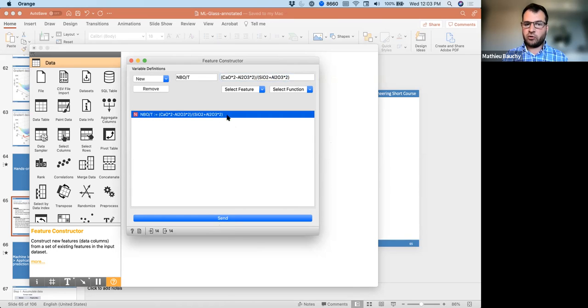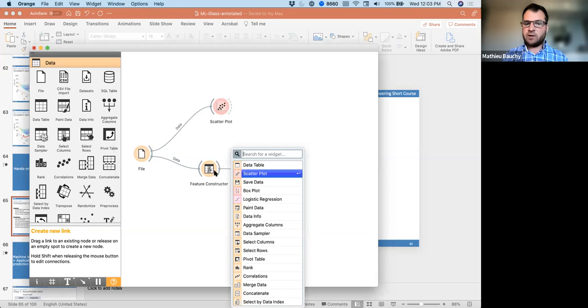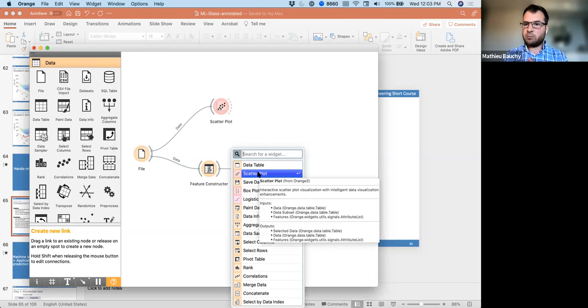It's a new feature that is a mathematical function of the initial features that you had, which were CaO, Al2O3, and SiO2. So now that creates a new feature in your pipeline, in your workflow, and you can now use this feature. It is going to be transmitted to whatever comes to the right of this widget.